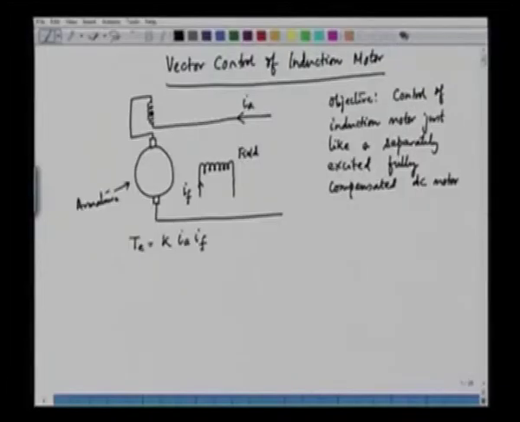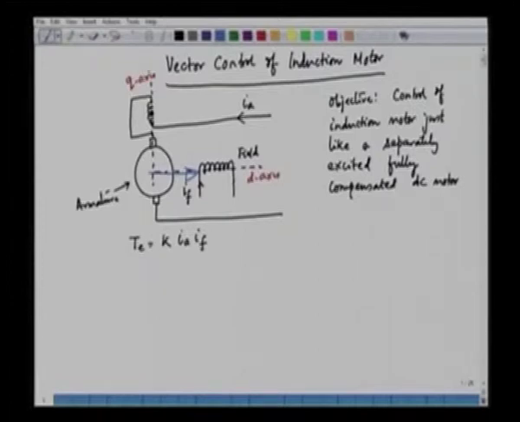So, this is very similar to that of a DC machine. Now, if you take a DC machine, in this case, we have the flux along the d axis. So, we can call this the d axis here, and this is the q axis. And we can always say that the total flux is along the field. This is the flux produced by the field winding.